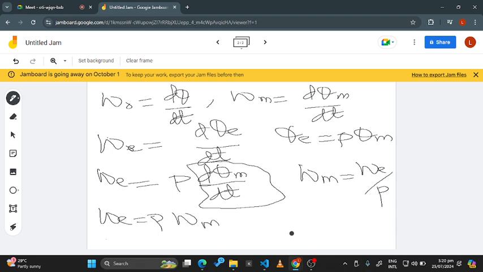Can you go over the omega, the displacement over the time, that part? Okay. We already established that electrical displacement is equal to the pole pair times the mechanical displacement. And angular speed in general is given as the change in angular displacement with respect to time. This is a formula we know from physics.